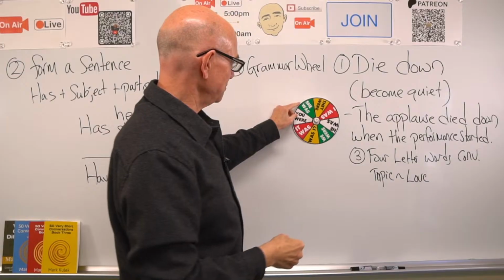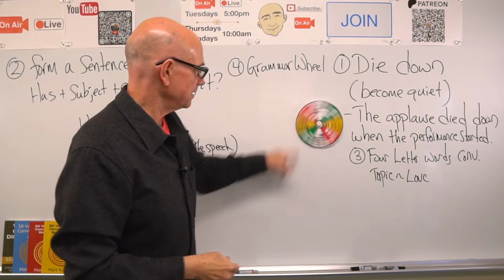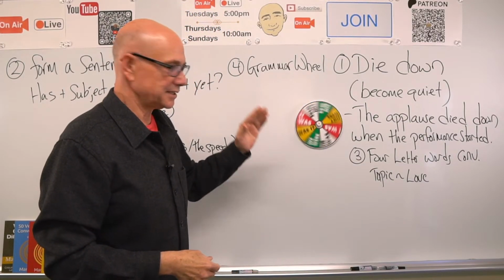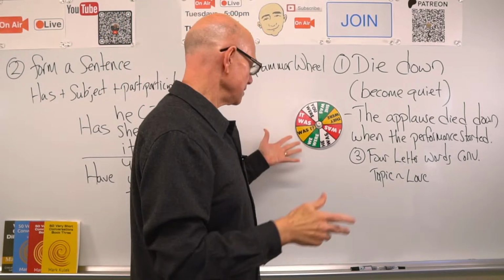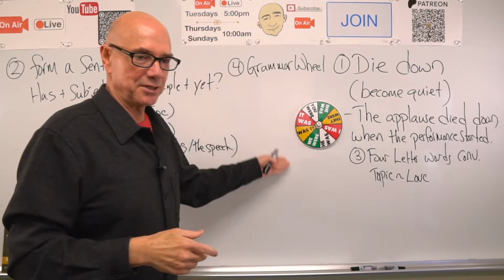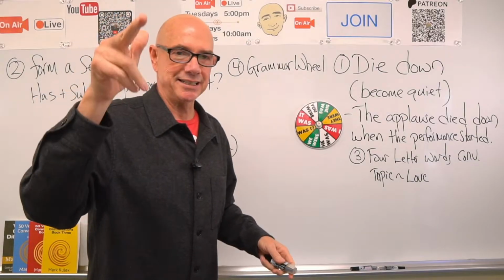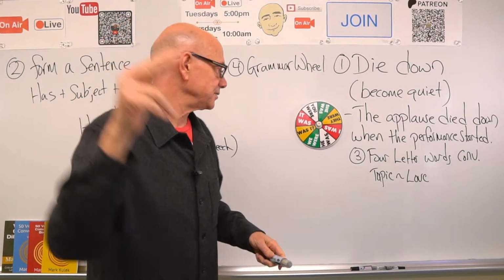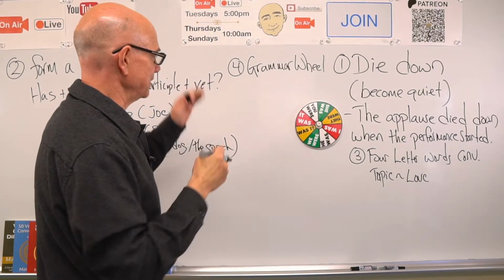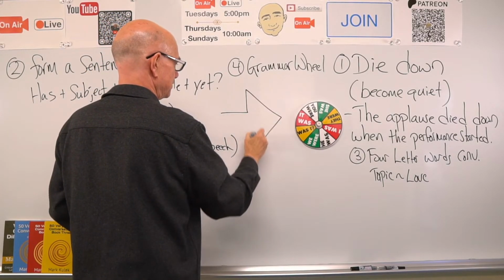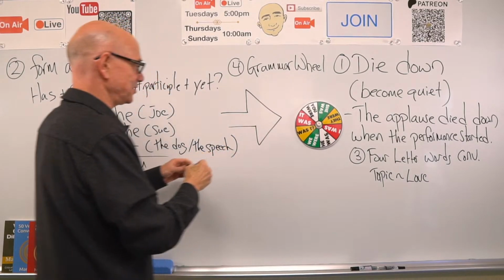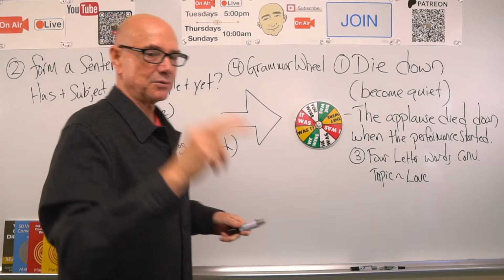I'm going to spin the wheel, and when it stops, that's the sentence starter we're going to use. But we don't know which one because there's nothing pointing to the one we are going to use. So we need an arrow here to point the way.